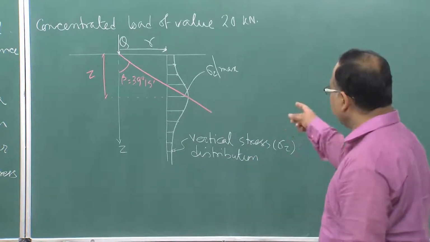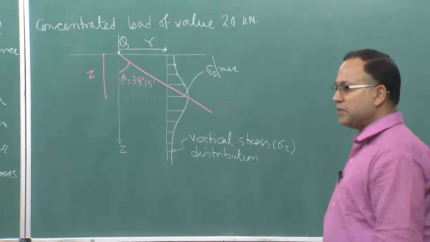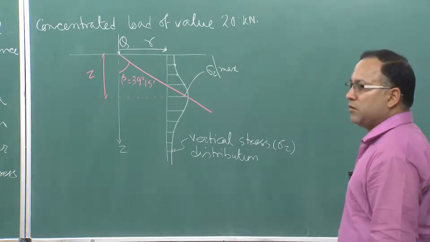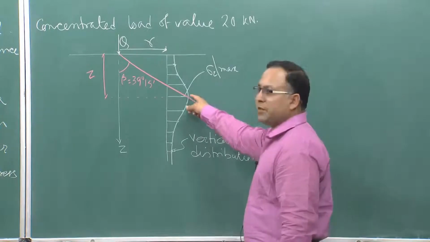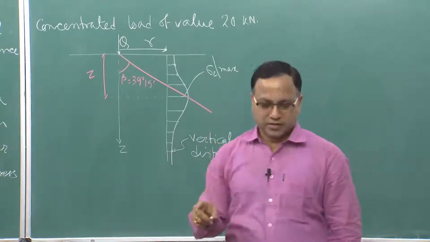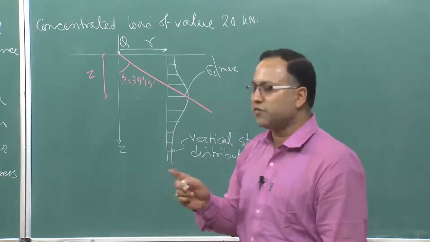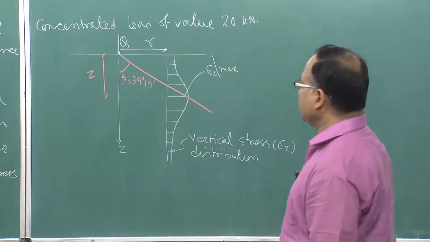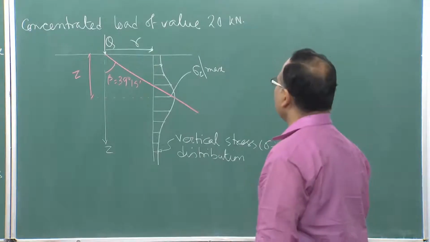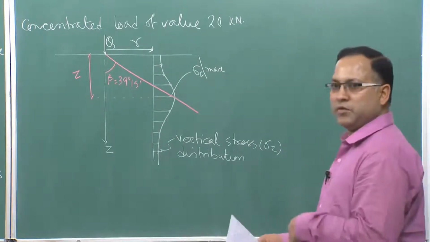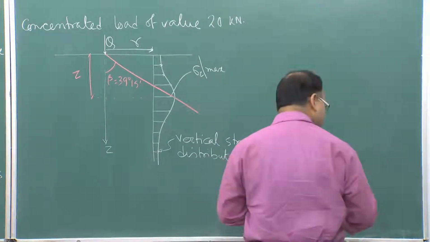So, you have to calculate the value of shear stress at that point where the normal stress, that is the vertical stress, is becoming maximum. We will be seeing the expression for that, and hence find the maximum vertical stress on a line situated at r equal to 2 meter from the axis of a concentrated load of value 20 kilonewton. Okay. So, let us solve that.